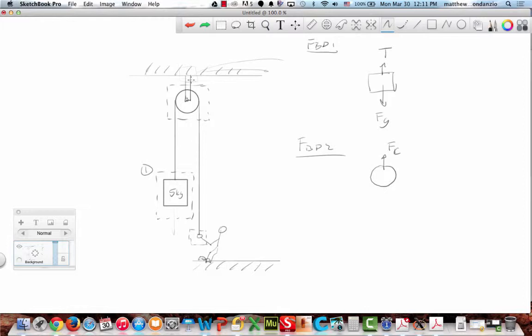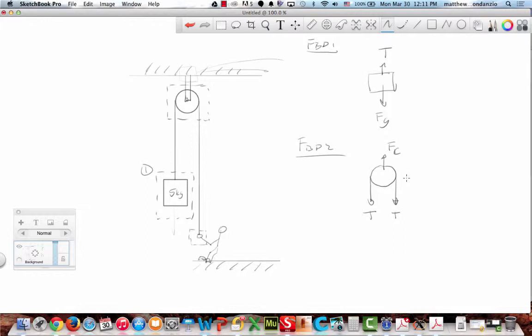I have 2 ropes coming out of the box. It's 2 ends. So I have a rope here, and this is tension. I have a rope here. This is tension. Do you guys see that? Now, yes, if the pulley weighed something, then I'd have the force of gravity of the pulley. Assume that the force of gravity of the pulley is negligible in this case, so we won't worry about it. Okay?